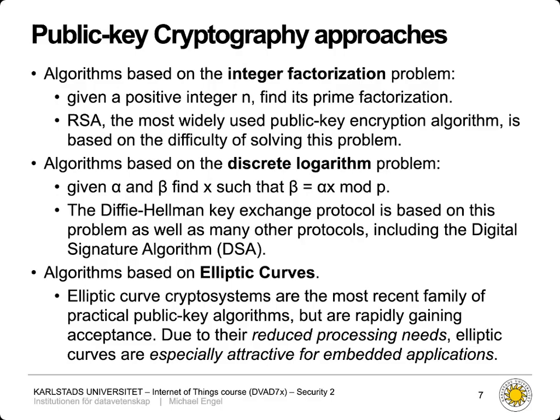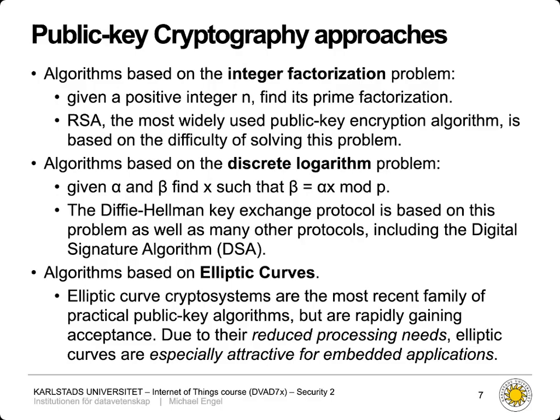So if you have two prime factors of a number, generating that number is very easy because you just have to multiply the two prime factors. But if you have a large number that, say, uses 1024 bits in a binary encoding, then it's very difficult because you need, in the worst case, to do a brute force attack to find all the prime factors of this very large number.